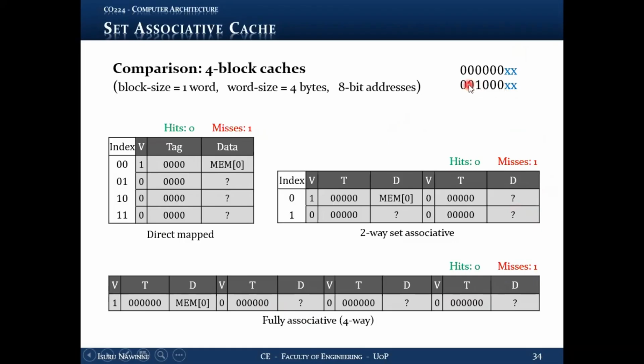So referring to the 8th block address in the memory, right? So what happens with the direct map cache now? Index is 00. Index is 00, right? So that particular entry, and do the tags match?